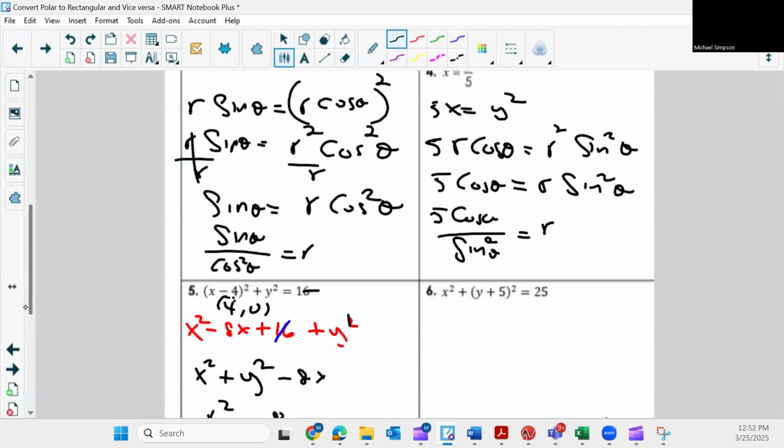I have sine squared, right? Sine squared is sine times sine. So I'm going to have 5 cosine over sine times sine. See that now? You follow now? That's it.